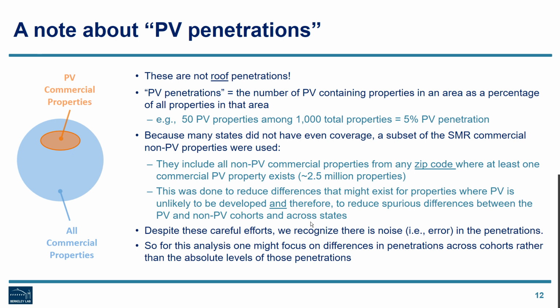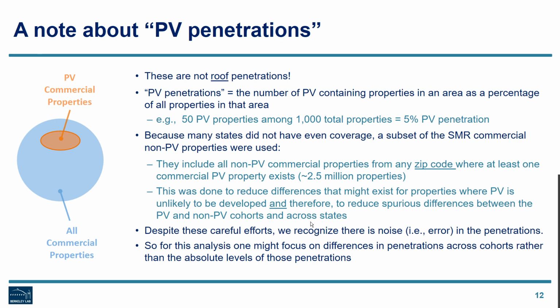It's important to know, though, in some states we didn't have data covering the entire state. I mentioned that some utilities provide us with data. Well, in those same states, we might not have data from the other utilities, so we don't have full coverage over the state. To deal with that, we limited the non-solar properties to only those in zip codes where we had a solar property.